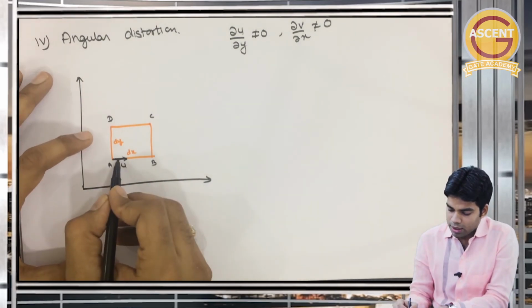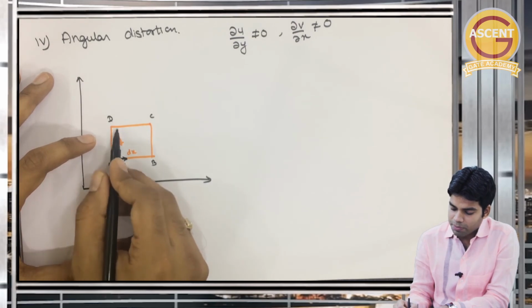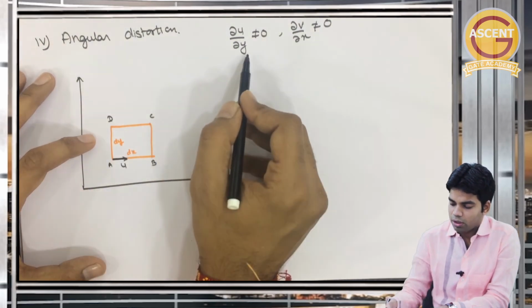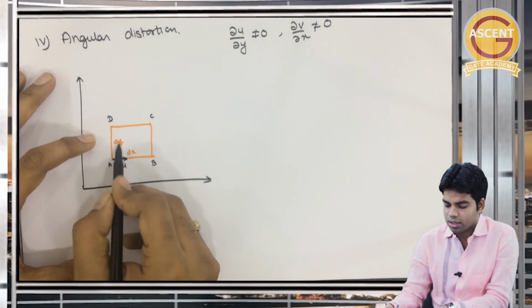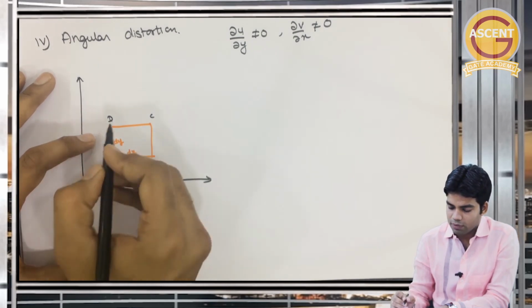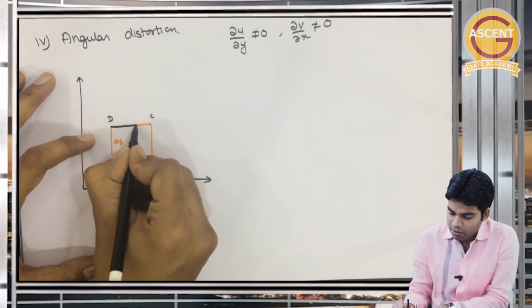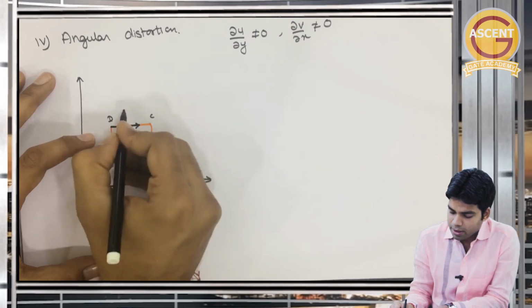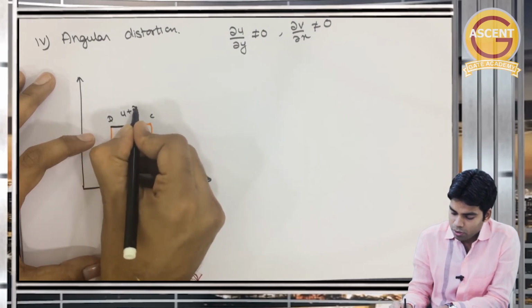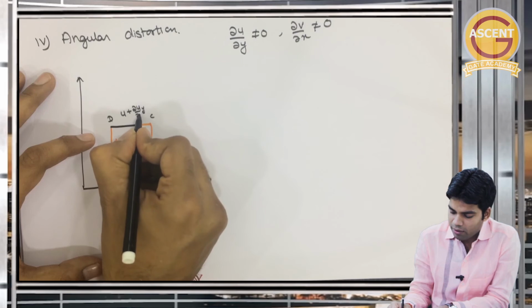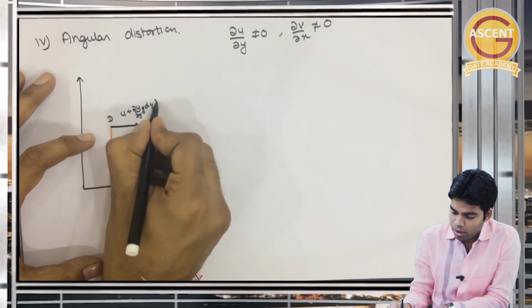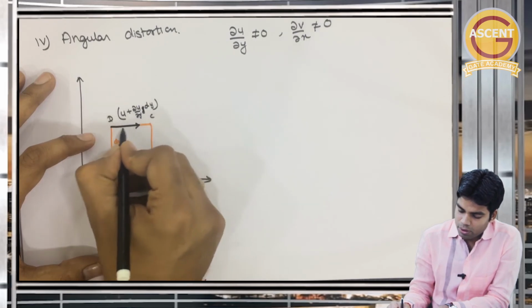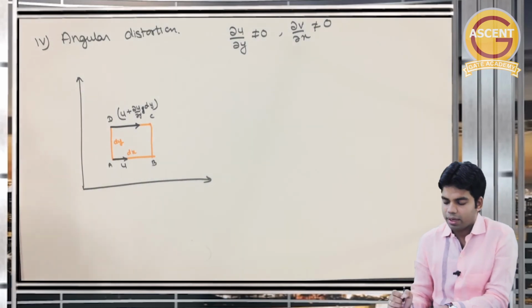Now this u is changing with respect to the y axis, so del u by del y is not equal to 0. What does this mean? That means u is changing with respect to the y axis, so the velocity at the upper point is u plus del u by del y into dy.